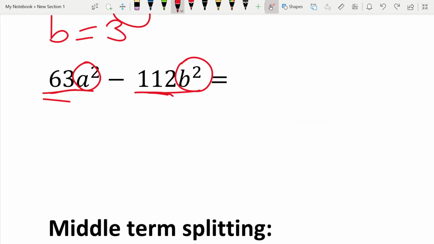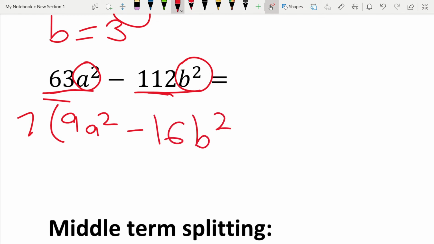Alright, so we've got 7, we've got 9a square minus 16b square.